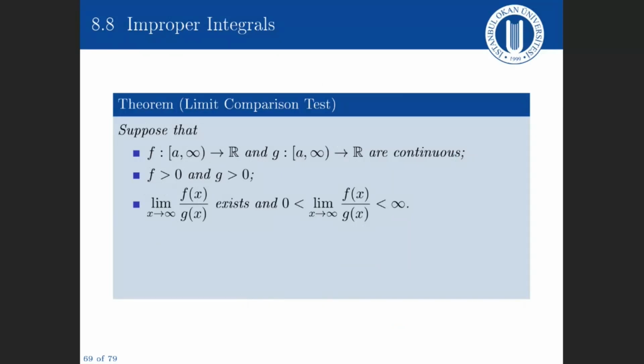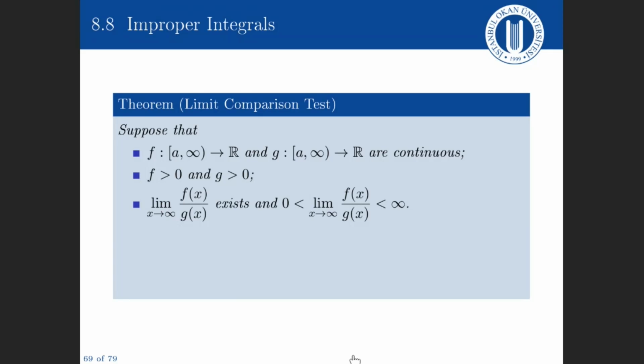We have another theorem. The previous one was the direct comparison test. This one's called the limit comparison test. Again, let's suppose we have two continuous functions, and let's suppose they're always positive.